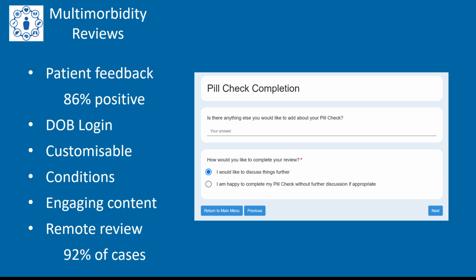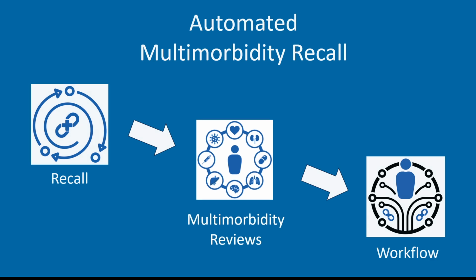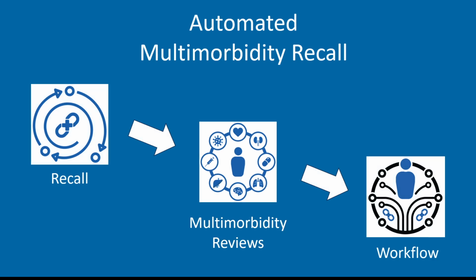So moving on from that, that's what the patient sees, the multi-morbidity reviews. They submit their responses. They see the signposting, additional information that you've given to them. The other thing that we do offer is that sometimes there are incorrect codes in the record, and so the patient may receive it with three conditions, and they go, well, I don't have that.